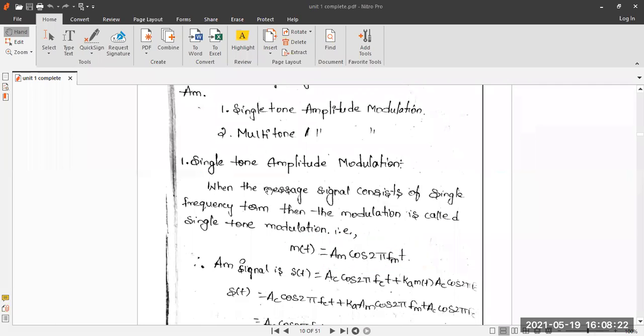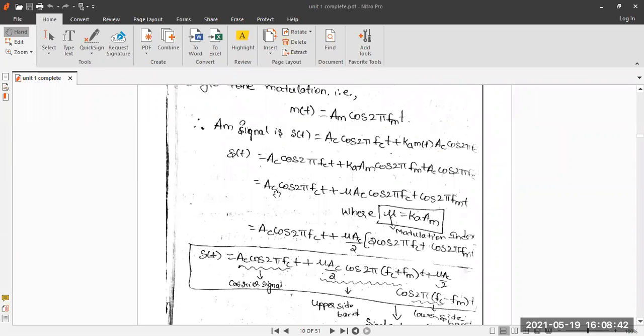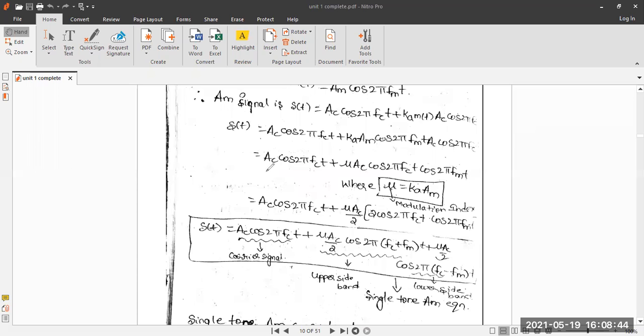Then we derive the formula for the AM equation in single tone modulation. This is the generalized AM equation. In it, we have to substitute Am cos 2 pi fm t in place of m of t. And we derived the equation for single tone AM like this.